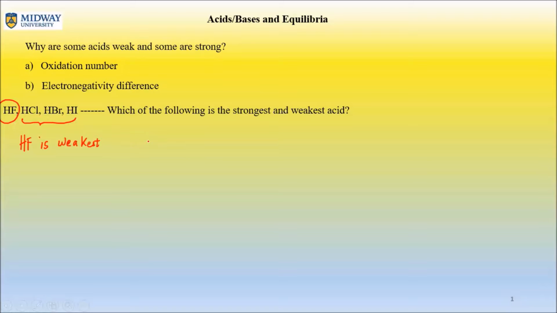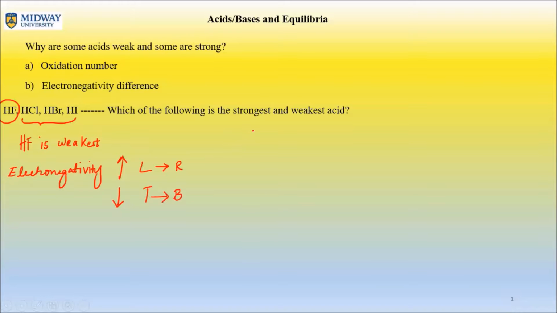Now, if you remember from probably the 2nd or 3rd week of Chem 170, a really long time ago, there are 2 ways to do this. I'll give you both. Electronegativity increases as you go from left to right, and it decreases as you go from top to bottom on the periodic table.